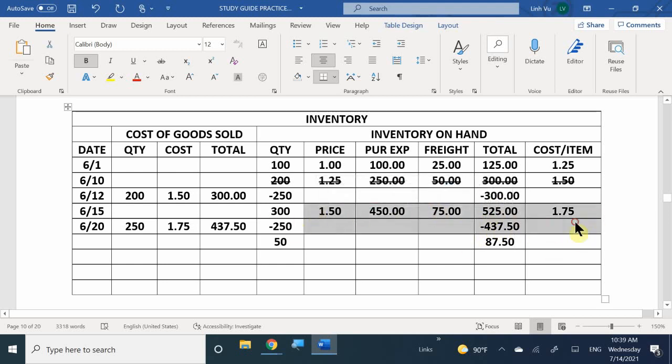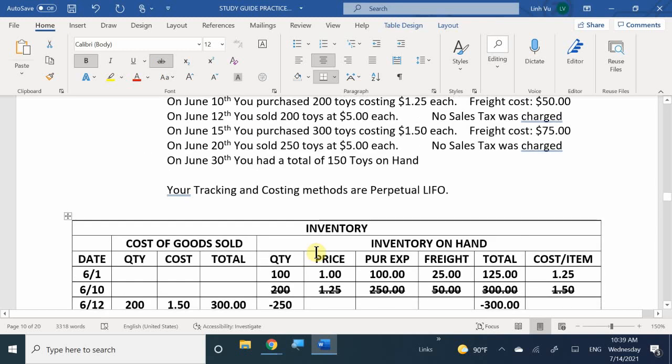So therefore we no longer have this batch either because it is now down to 50. So I'm just crossing it out so you guys know that this doesn't exist anymore. And we have a new batch for the 50 items left. So at the end of the day, on June 30th, you should have a total of 150 toys left on hand.